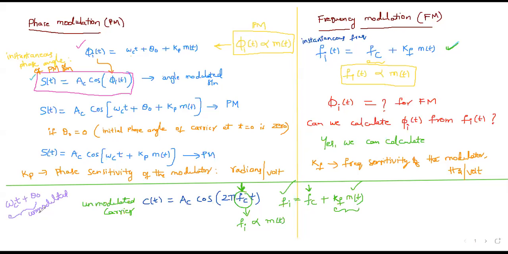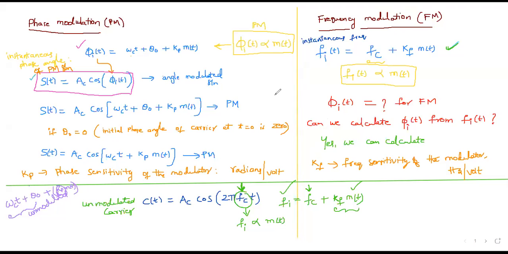We are going to do phase modulation, and hence this phase should be varied with respect to the message signal, so we have to add one more term here. That term should contain m of t, which means I have to write this as plus kp into m of t. Wherever you have kp or kf, just think of them as constants multiplied with the message signal. They are the parameters of the phase or frequency modulators that we use to generate these angle modulated signals.